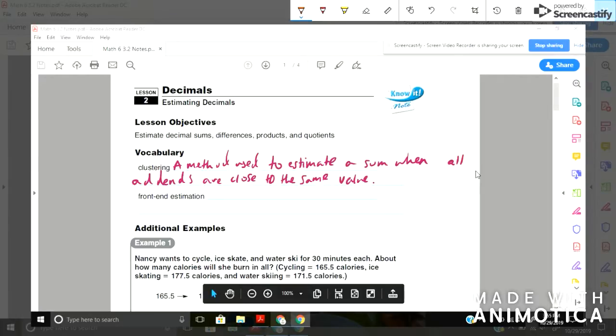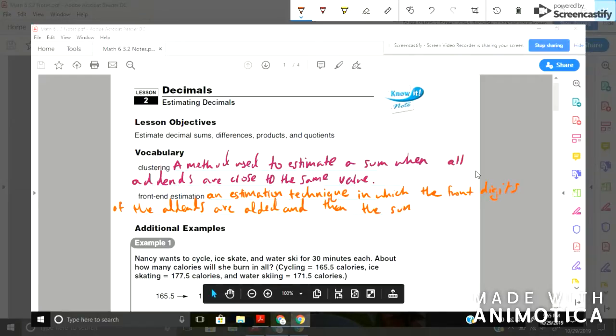And the other type of estimating we'll do is called front end estimation. And this is an estimation technique in which the front digits of the addends are added and then the sum is adjusted for a closer estimate.